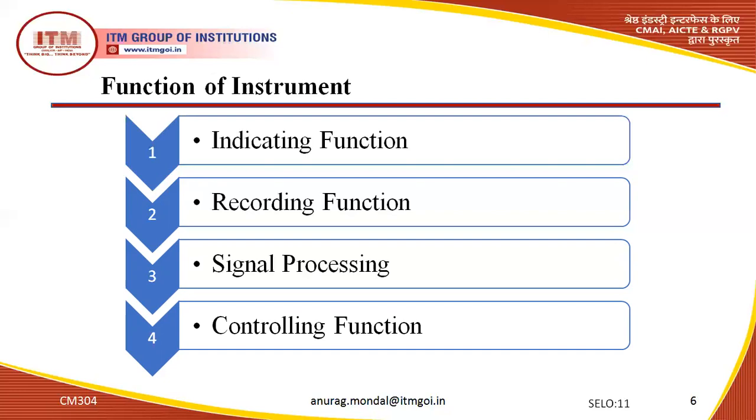So these are the four functions that an instrument should contain: the indicating function, then recording the data, then processing that data or signal, and at the end, controlling that particular data.